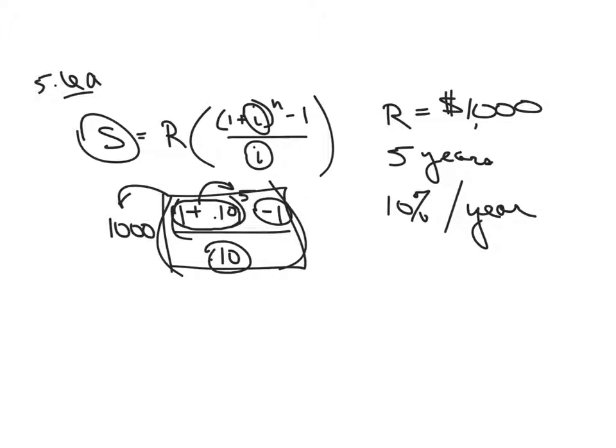Okay, so that formula that we just used right here is for an ordinary annuity. As we continue on, they're going to give us another example using that same formula in example 1.